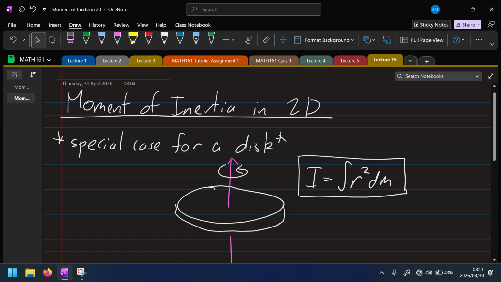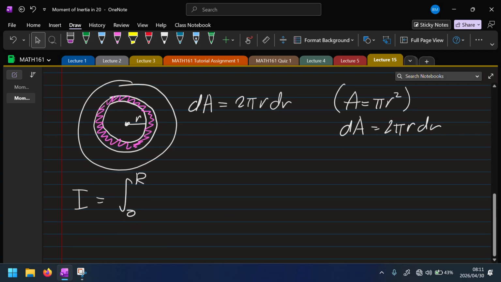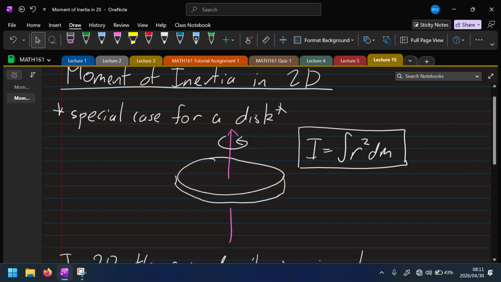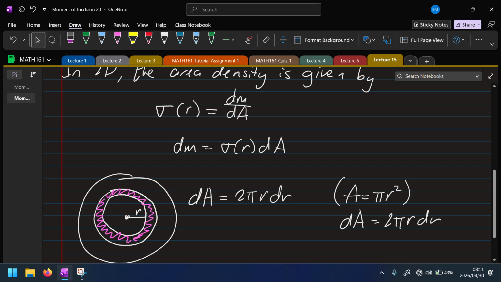Then we need the radius squared, that's just from the formula. Then we need dm. We see dm was sigma dA, and dA is all of this. So we're just putting everything together.